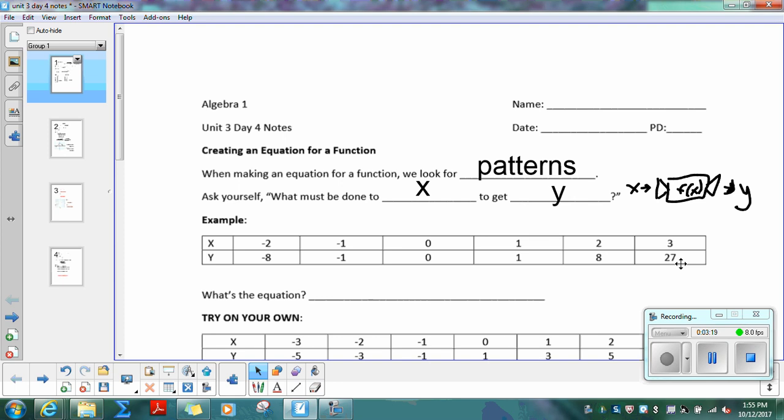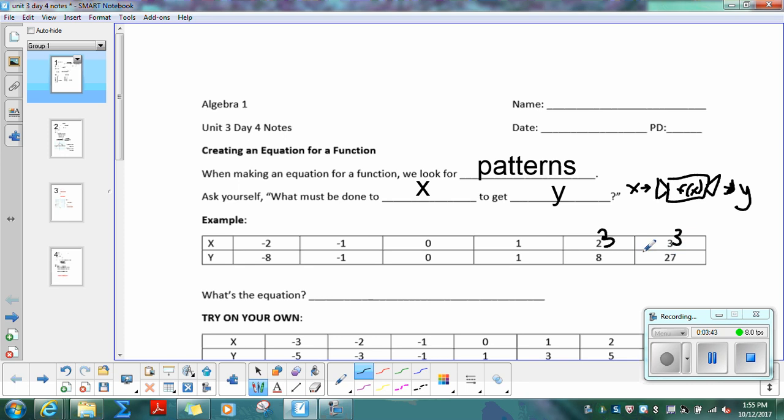To get 8, I could multiply 2 by itself 3 times, basically meaning cube it. So if I put a little cube here, that's a 3. If I cube 2, I'd get 8. If I cube 3, would I get 27? I would.